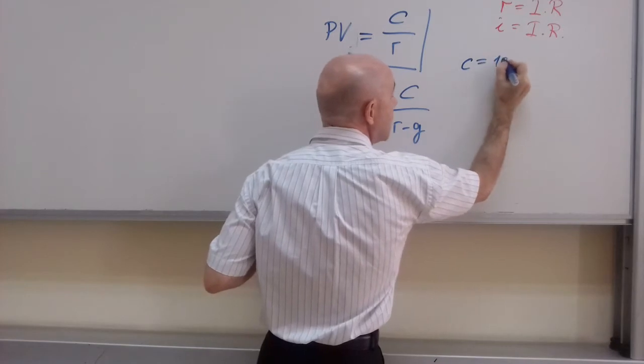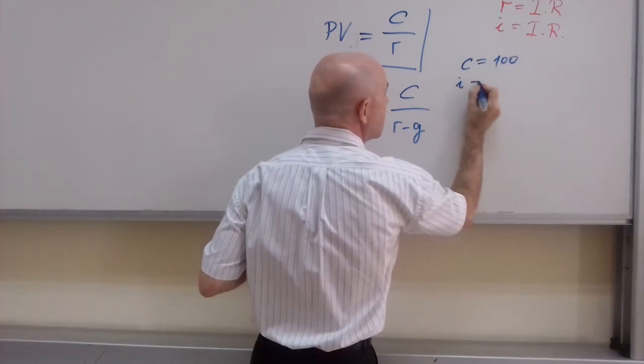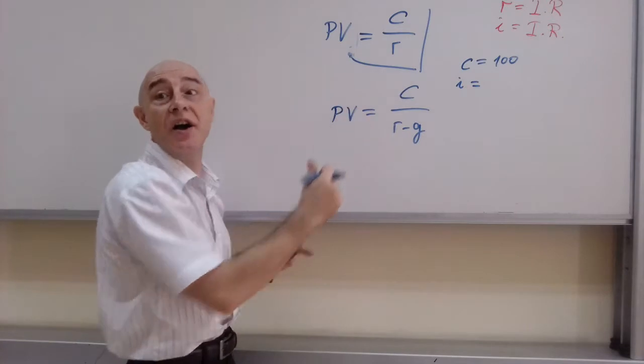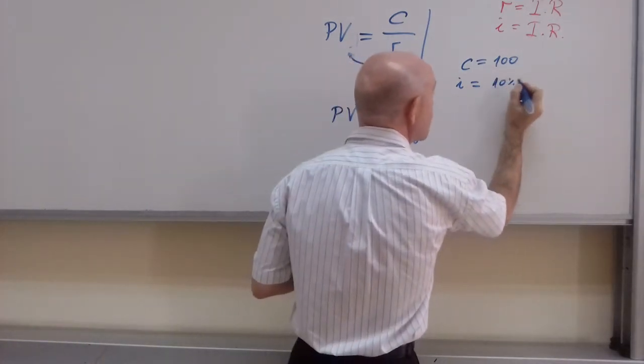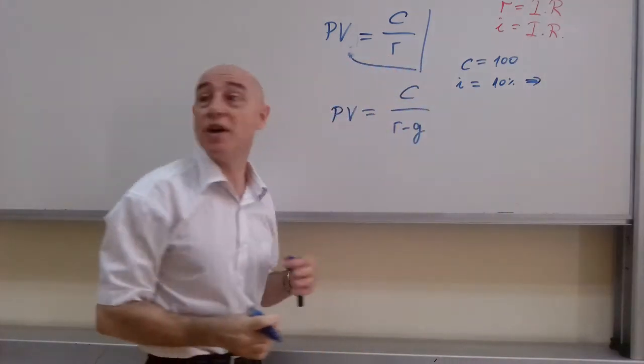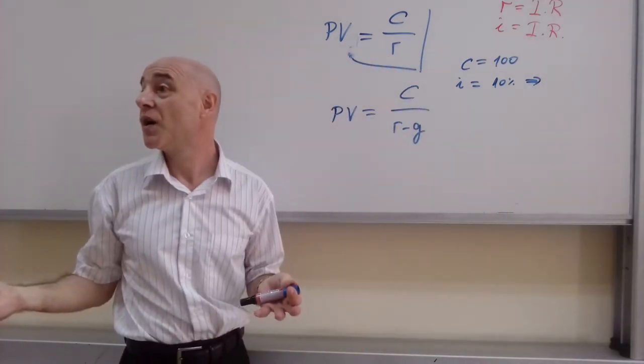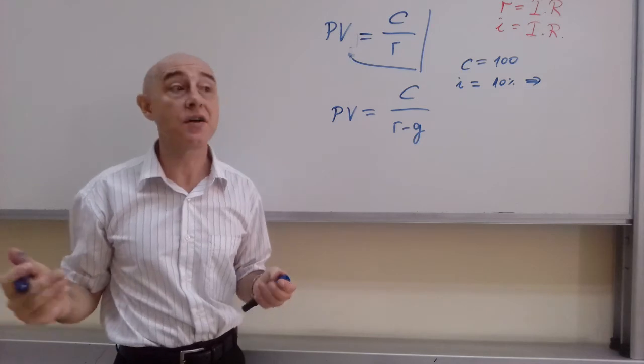So, for example, C is equal to $100, and again, I'm switching between I and R. It's the same thing. Let's say at 10%, the present value will be 1,000.